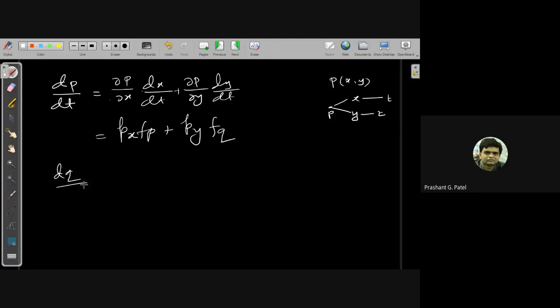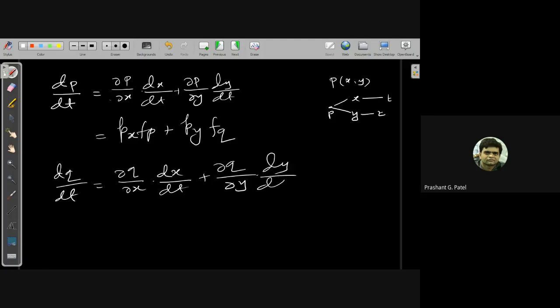In the same way, dq by dt is dq by dx into dx by dt plus dq by dy into dy by dt. So I can write this as qx times fp plus qy times fq.